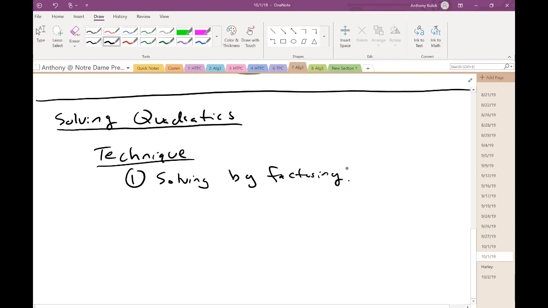So if I want to solve a quadratic equation by factoring, we're going to be using this key idea.